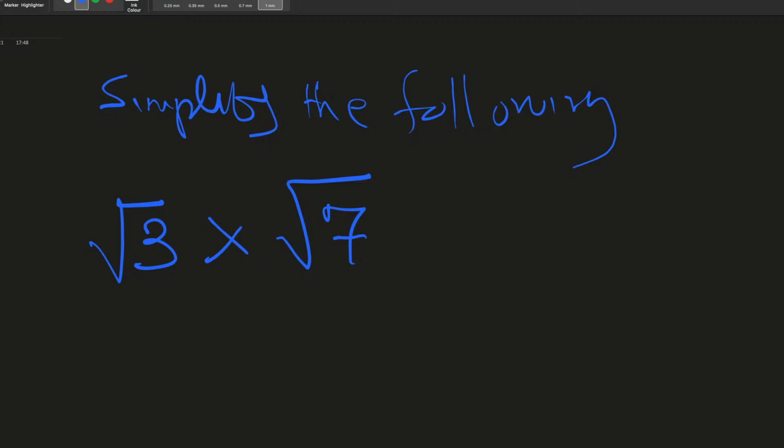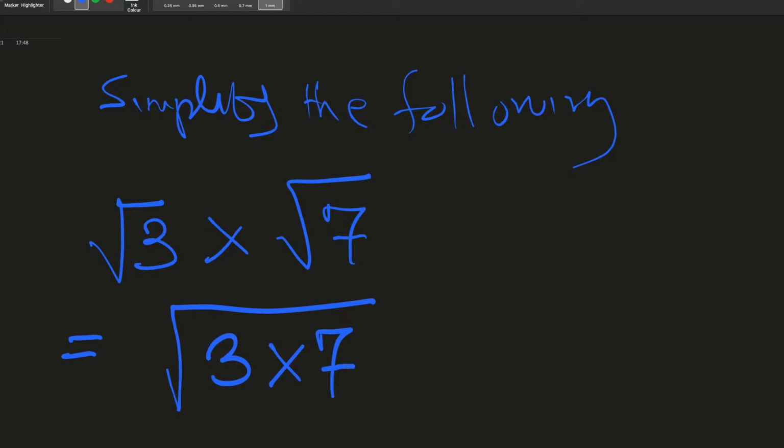When two surds with different values are multiplied, we can write it as the root of 3 times 7. We all know that 3 times 7 is 21. So our answer will be root 21 and nothing else. I don't think this is anything difficult to grasp. Let's see the other one.